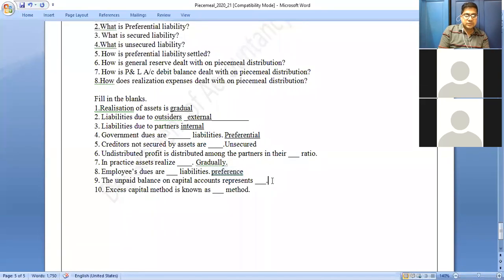Now next is unpaid balance on capital account represents loss on realization.